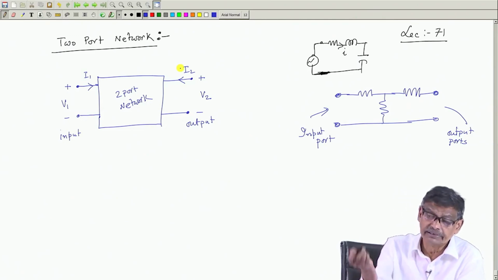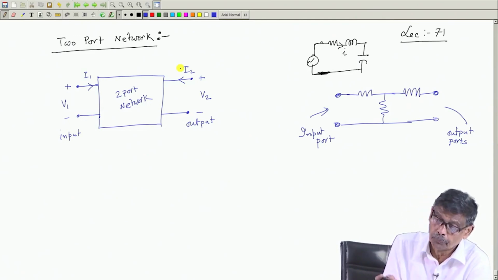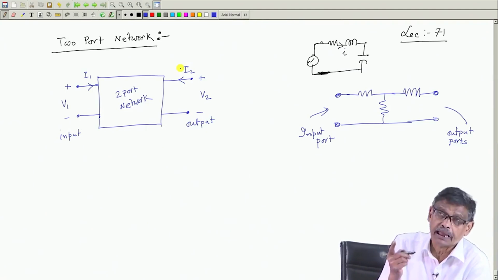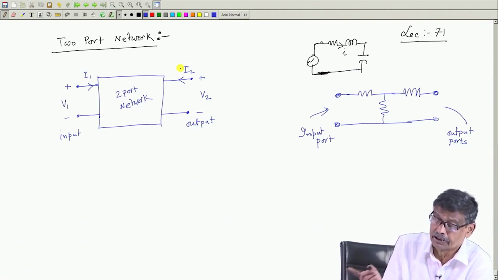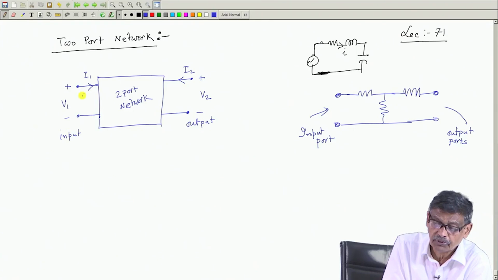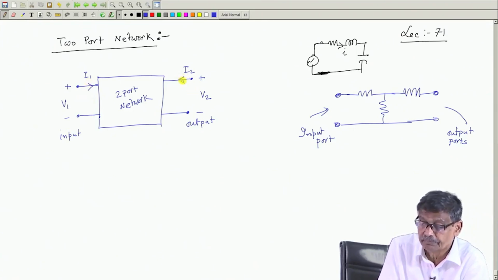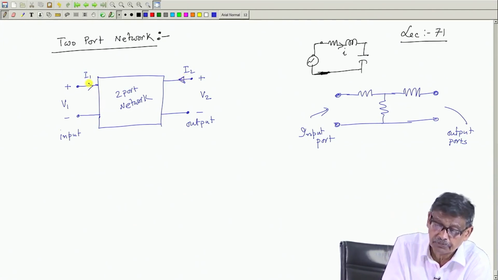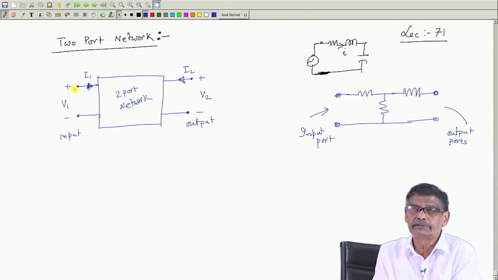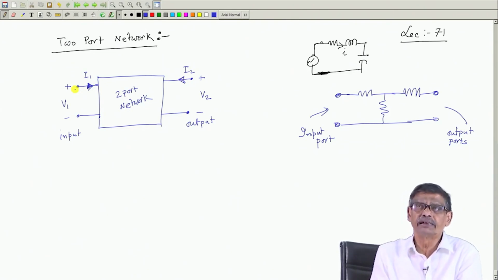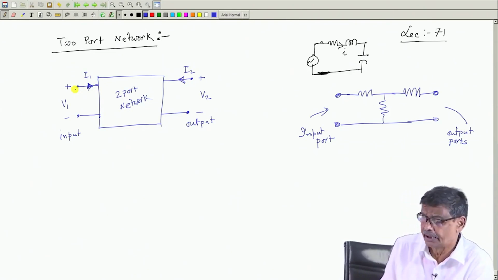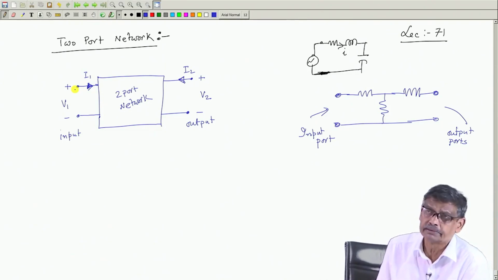So, it is the convention always in a two port network, except the ABCD parameter network, that will come later, to assume the direction of voltage polarity and the current in the input and output port in this way. This is how we will specify, because we are now mature enough to understand the direction of the current, otherwise one can assume in any way one likes.